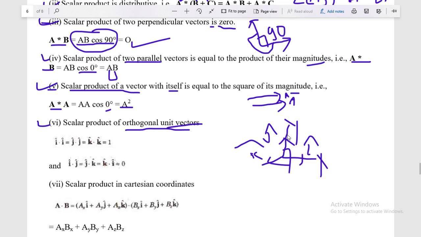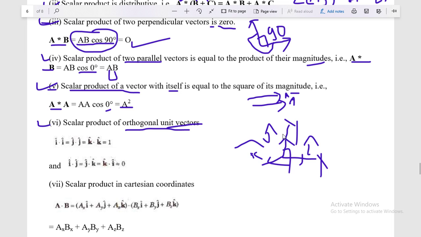Okay, so it means the angle between any two of these vectors is 90 degrees. Using this value and the knowledge that the magnitude of i is equal to 1, similarly the magnitude of j is also 1, and the magnitude of k is also 1 because they are unit vectors.